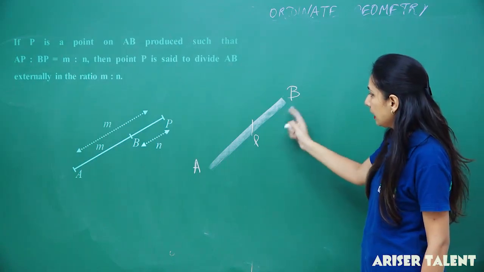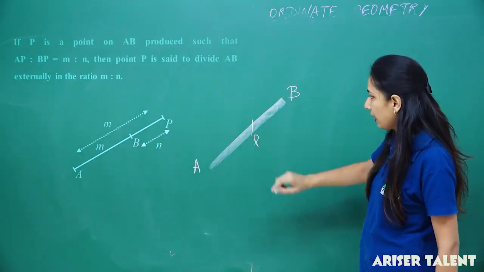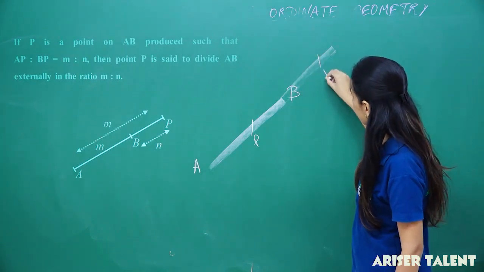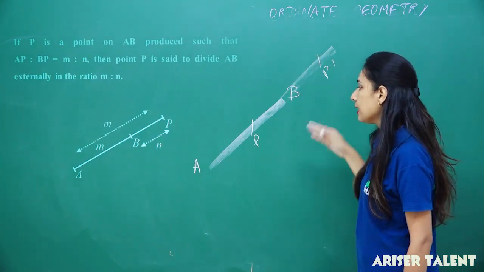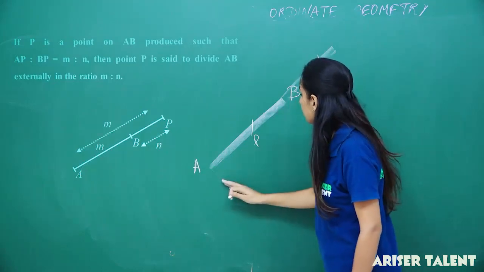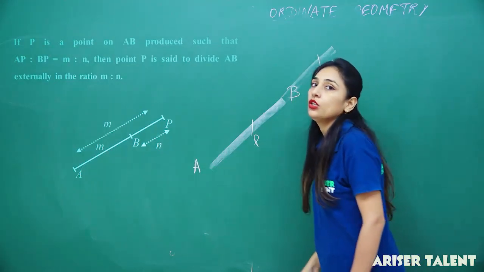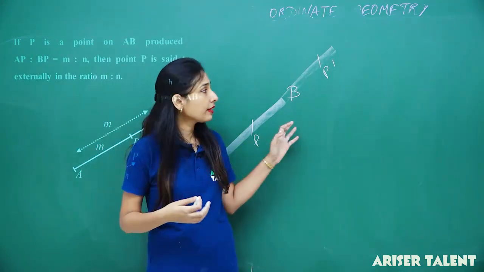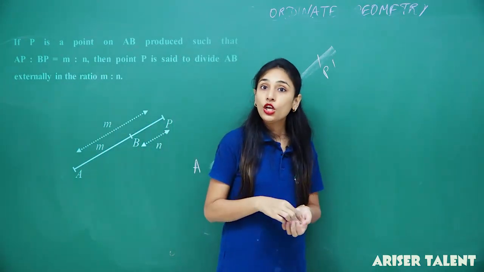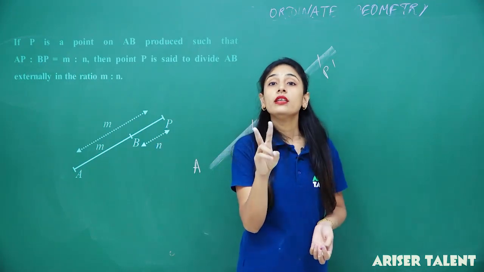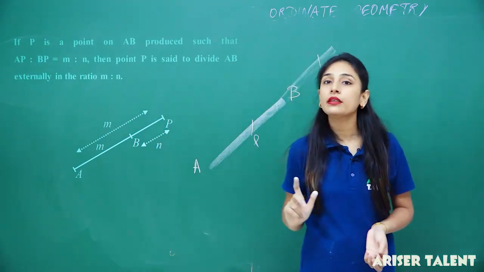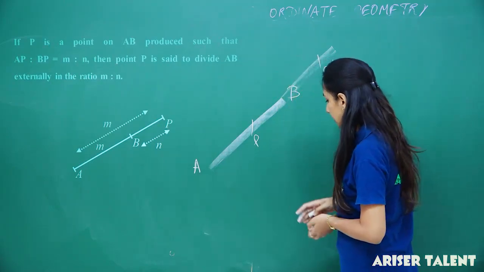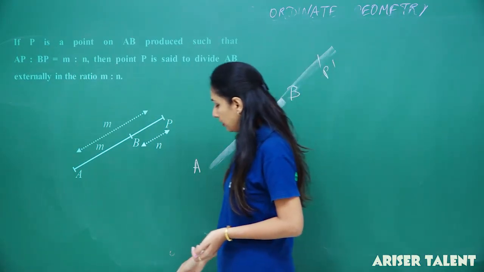If it's here, that will divide it in two parts, and if I extend this, it can be here also. A point can divide the segment of this line AB in two ways, externally and internally. One by one we'll talk about the external and the internal case.